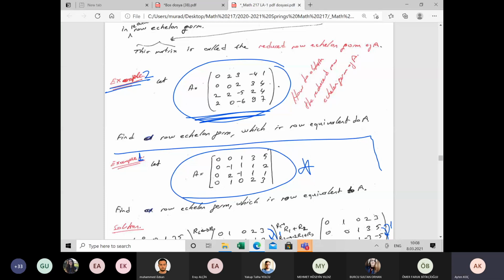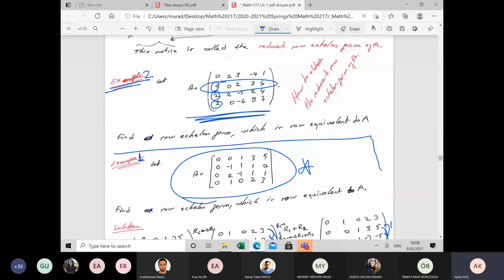And this one is non-zero, this one is non-zero. But here 0, 0. So this one should not be in the first row. The second row will be okay, maybe. But there should be a non-zero entry in the 1, 1 position.